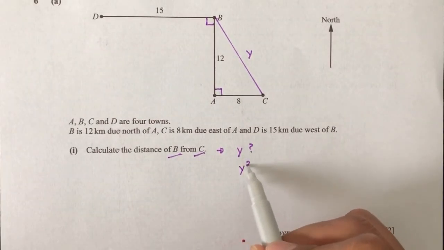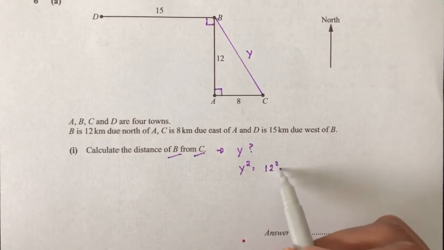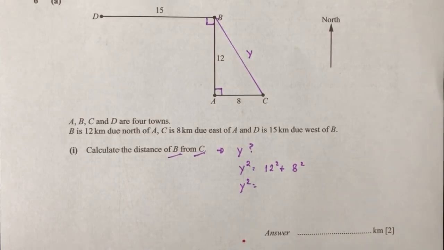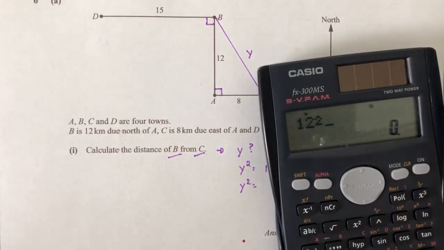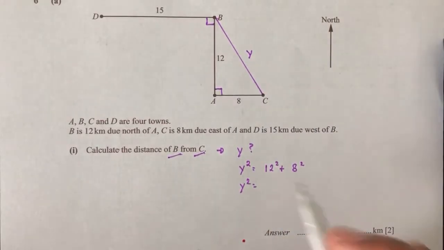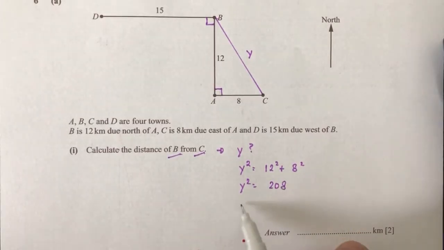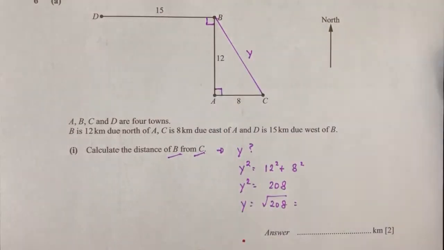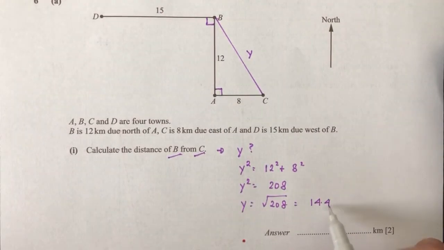Y squared equals 12 squared plus 8 squared, that will be 208. Y will be the square root of 208, which is 14.4. So your answer will be 14.4 kilometers. That is the length of BC.